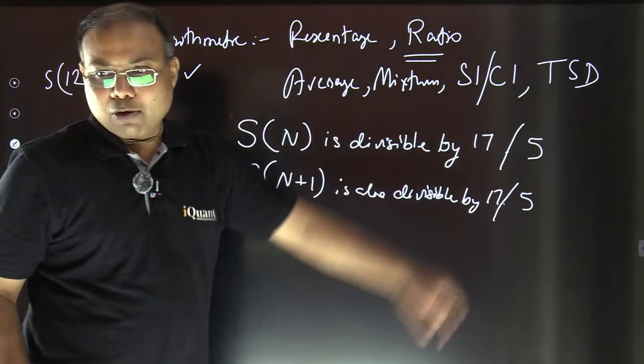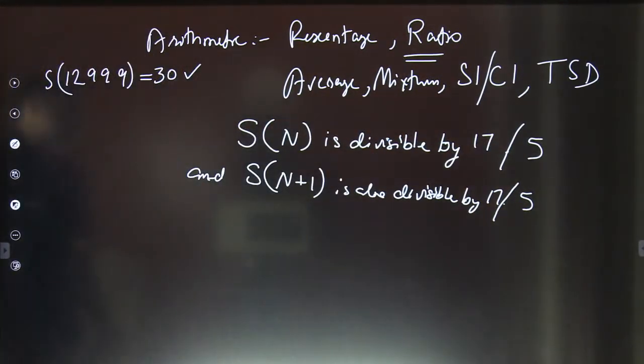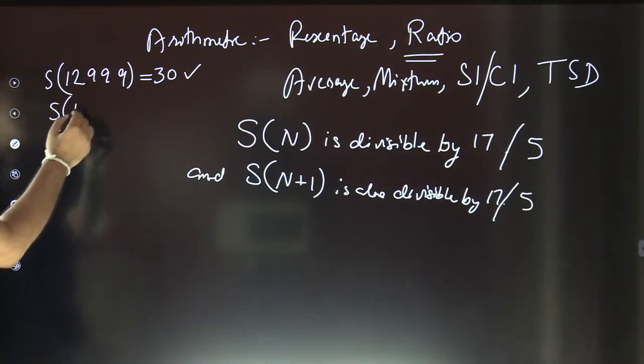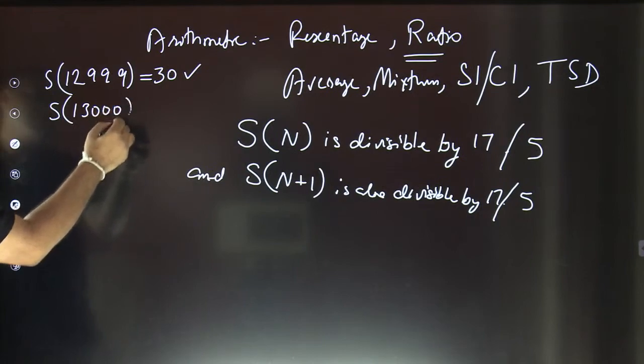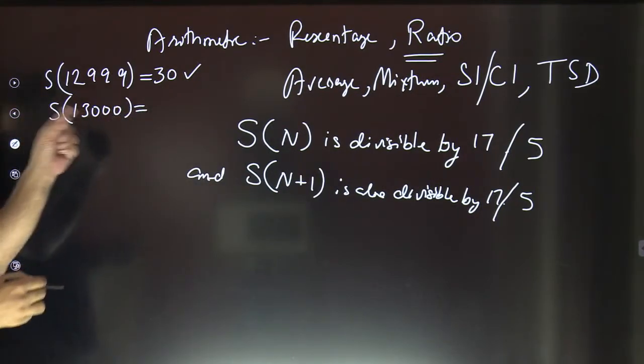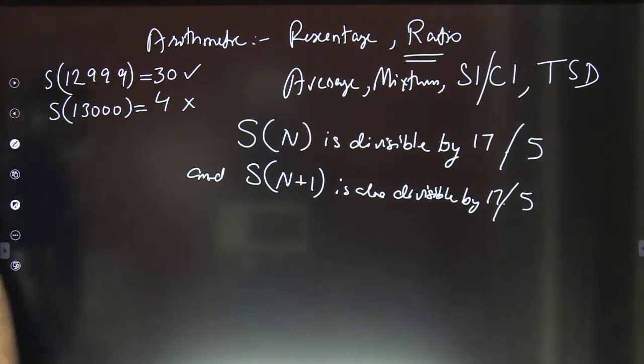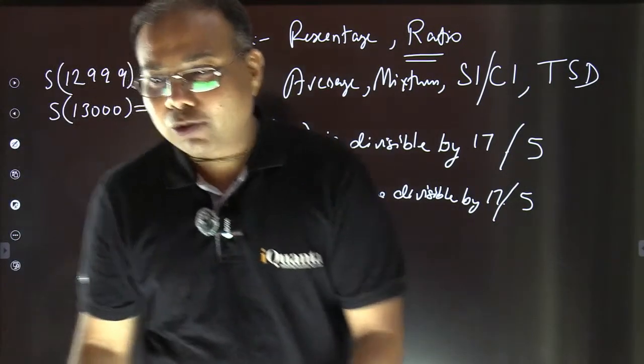I think you are calculating for 5, fine. And its consecutive number is 13,000. But the sum of digits of 13,000 is 4 only, isn't it? This is not divisible by 5. So certainly this is not the correct answer.